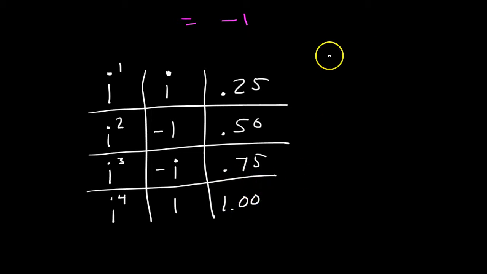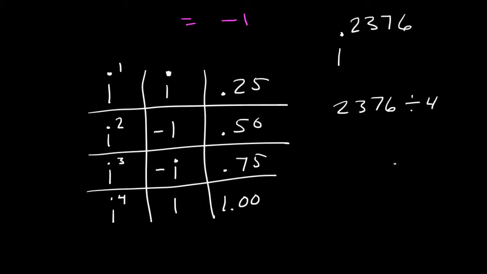So the way you use the shortcut, if I want to simplify i to the 2,376 power, I just take the 2,376 and divide by 4 on a 4-function calculator. So, 2,376 divided by 4.